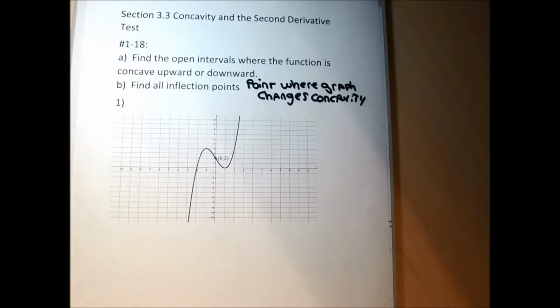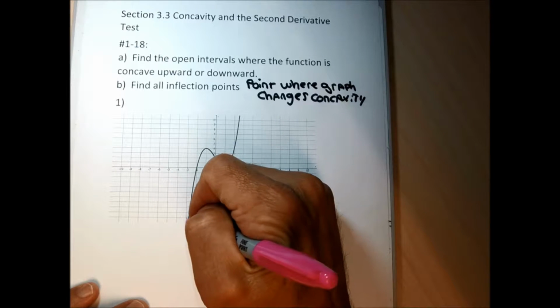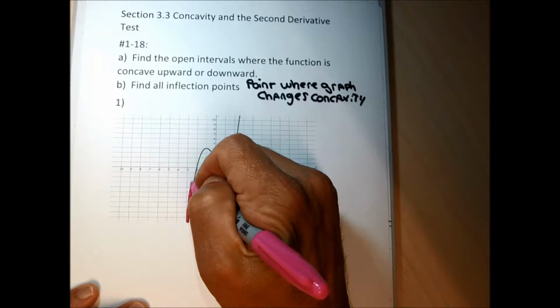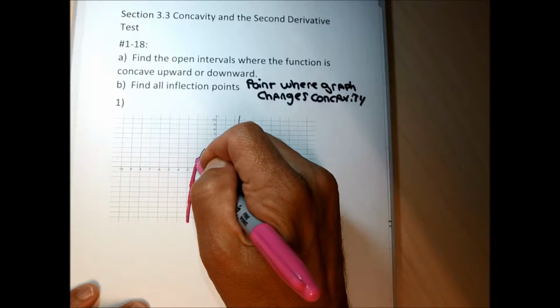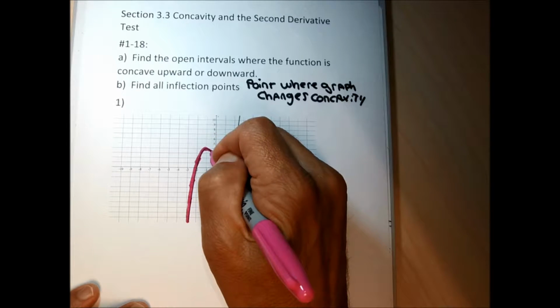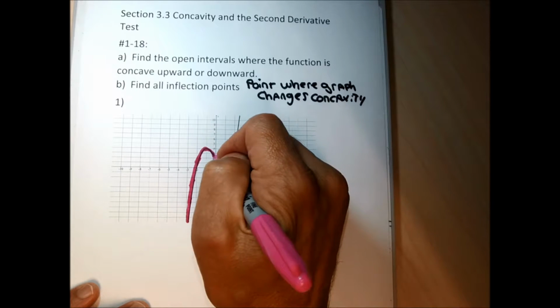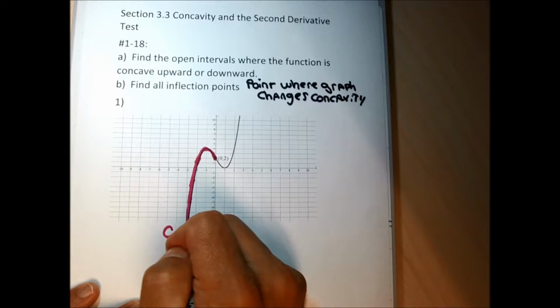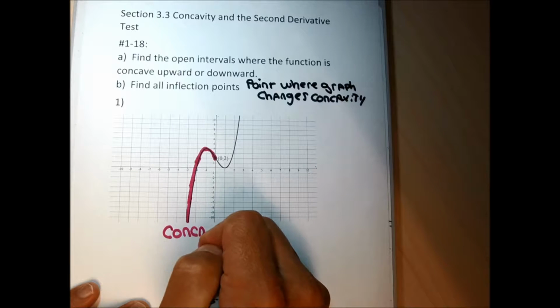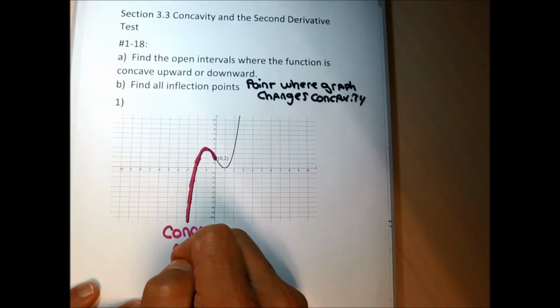So if I was staring at problem 1, I might as well do it since it's here. This whole region of the graph, it's all kind of bent over downwards. This region up to the point 0,2 is supposed to be the portion of the graph where the graph is concave down.